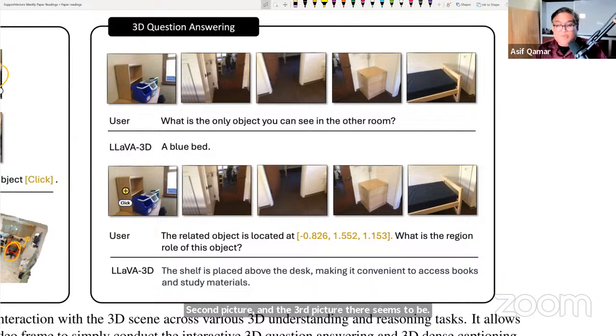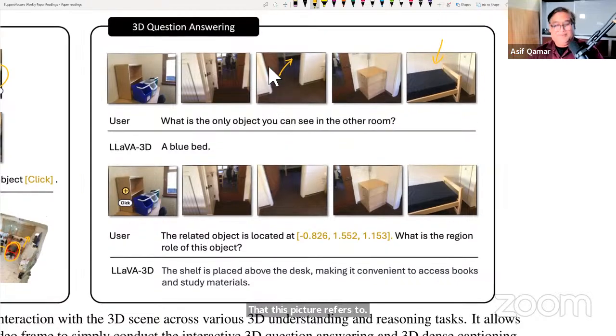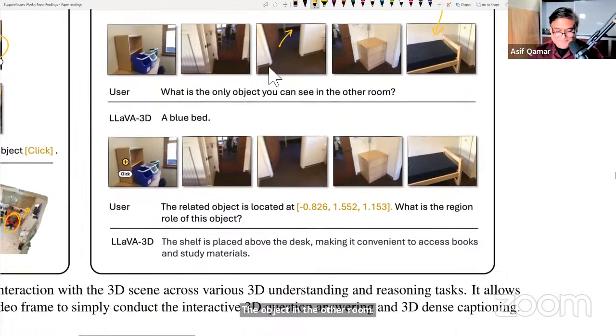You are being asked, what's there in the other room? So you're basically asking, what is here? It has to figure out that this picture refers to the object in the other room, and it says a blue bed.